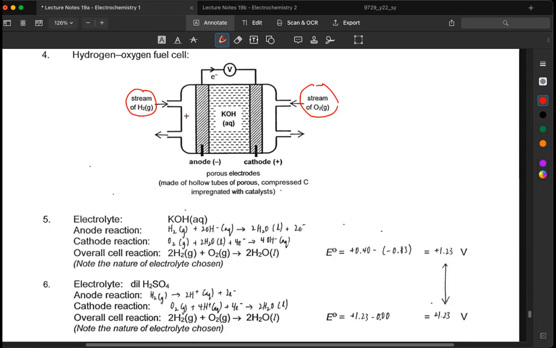It undergoes oxidation, it forms water. So OH minus, H, you balance by the water. At the cathode side, the oxygen and water react, undergo reduction to form OH minus. So there's regeneration of the alkaline actually.